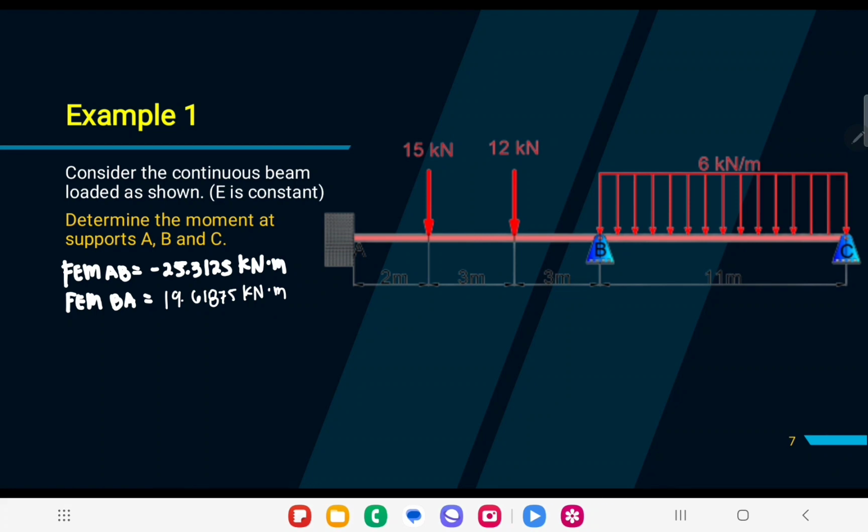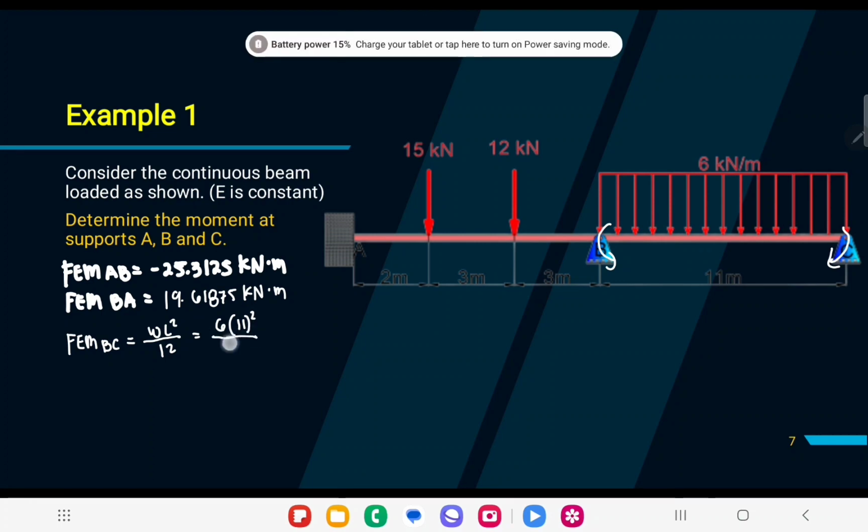And then, solving for span BC. FEM BC, where our assumption is counterclockwise here and clockwise there. Since it is a full-span distributed load, we have a formula for that, which is wL squared all over 12. So it equals 6 times the total length, which is 11, squared all over 12.